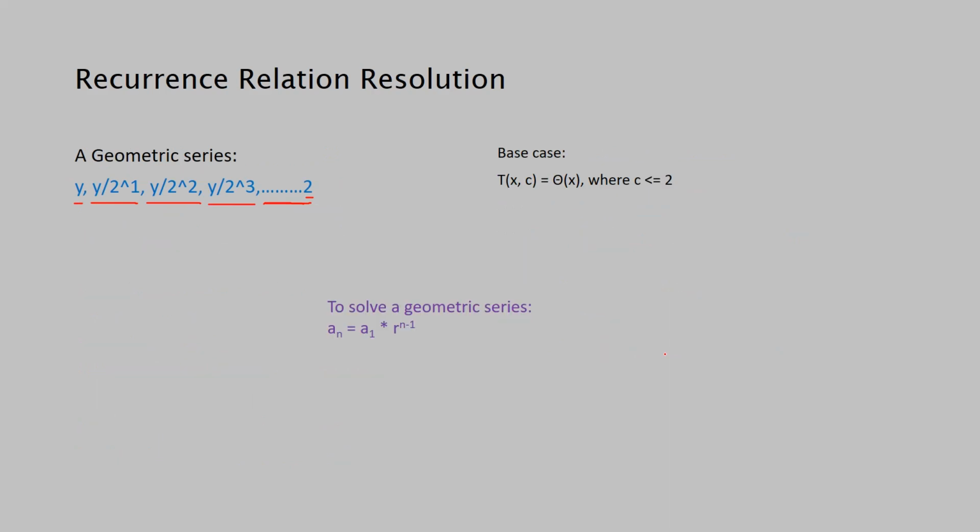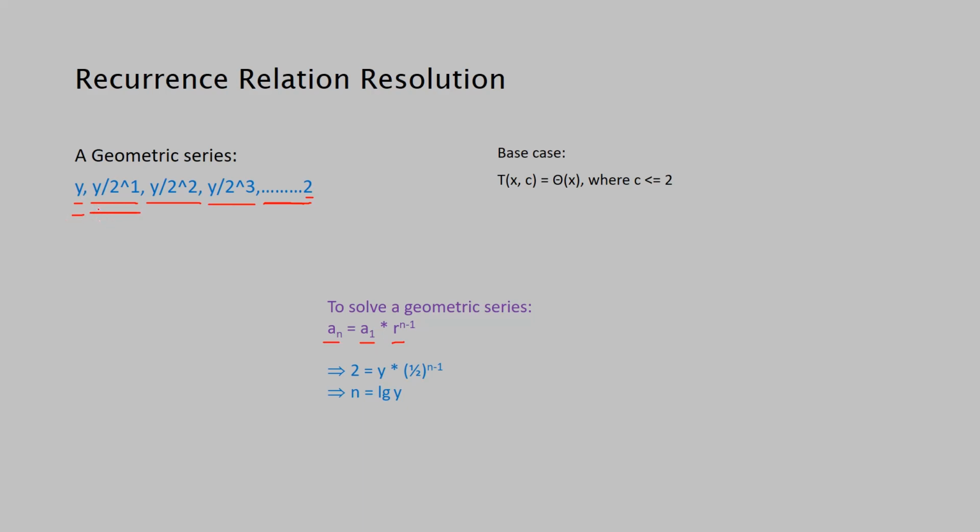So to solve the geometric series, a sub n equal to a sub 1 into r raised to the power of n minus 1. So r here is the ratio, and the way we find the ratio is when we divide one factor of the sequence by the previous factor of the sequence.